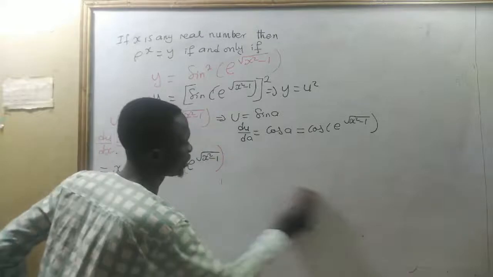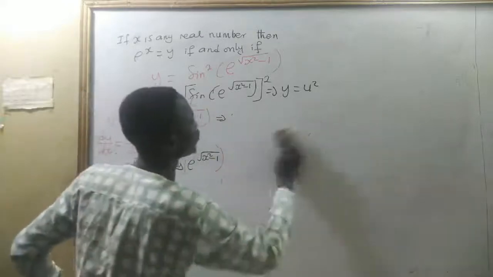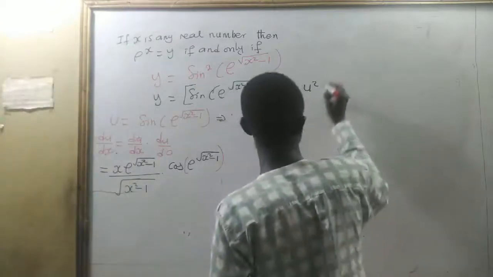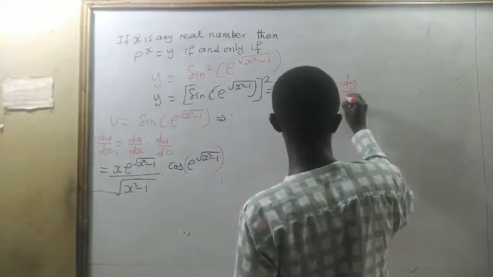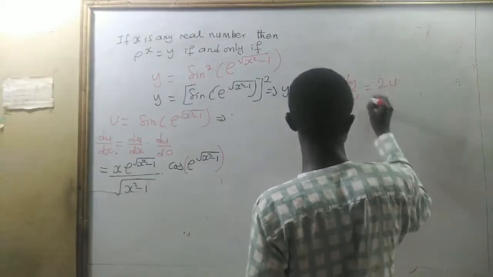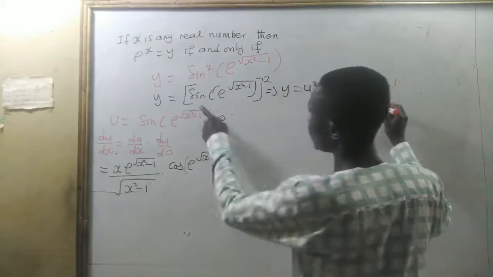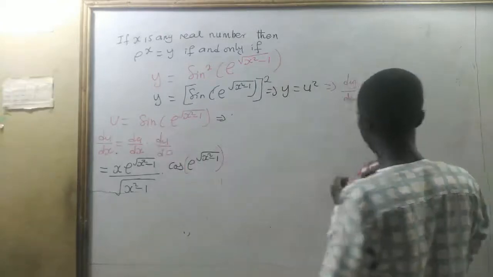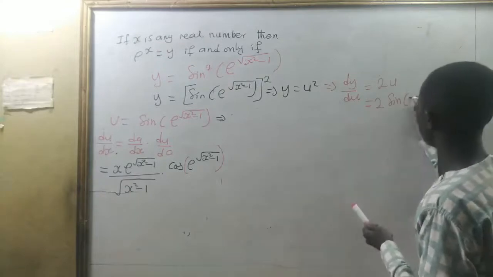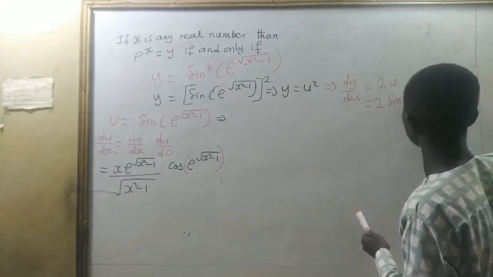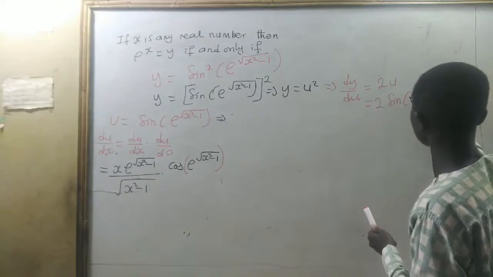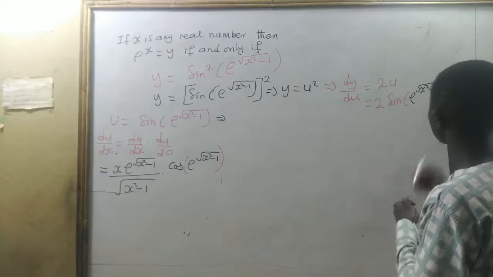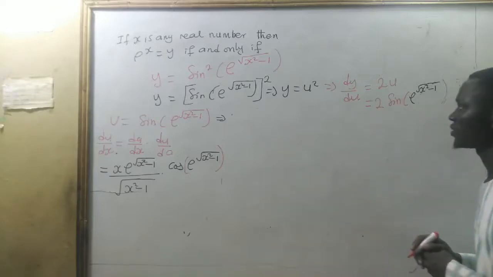Now that we found du/dx, we are going to find dy/du. So here, the derivative of y with respect to u is equal to 2u, and that is 2 times, what is u? u is sine of e to the power square root of x squared minus 1. Very simple as that.